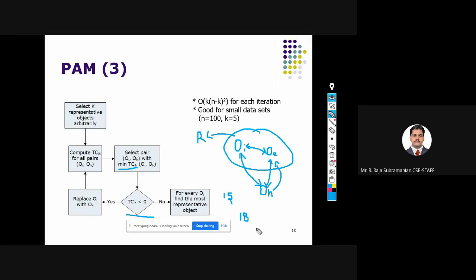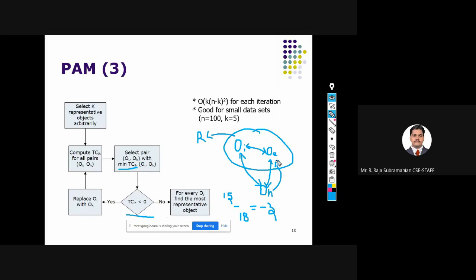If you take the difference of the total cost, 15 minus 18, you'll get a negative value, meaning your new cost is higher than the already existing one. So you don't take that particular point as a good point because it has a higher distance. So what you should do is replace the values.